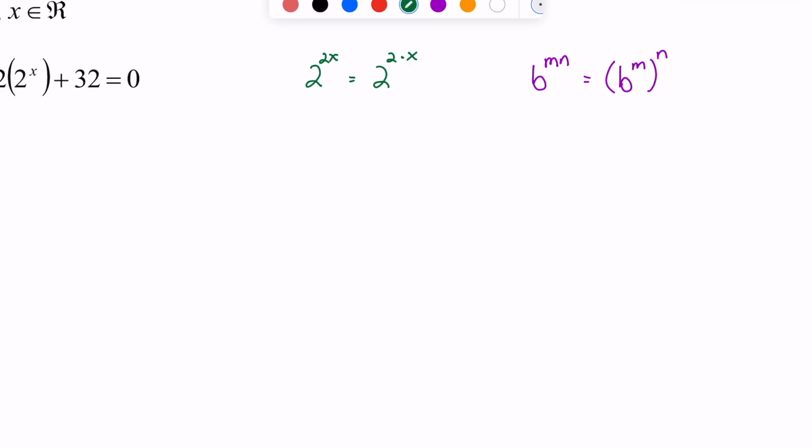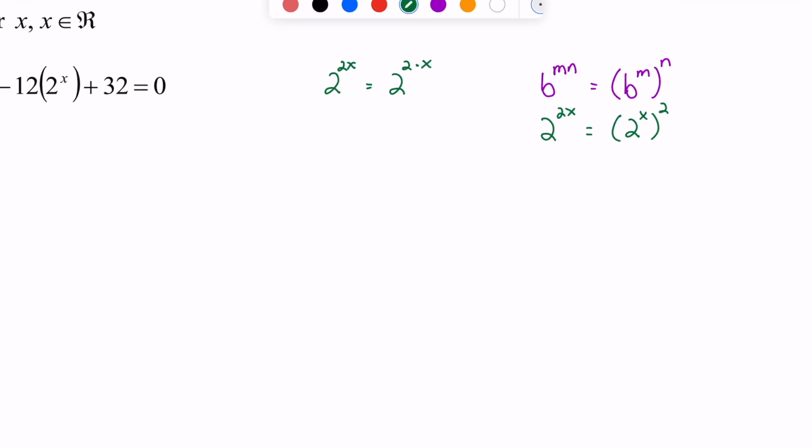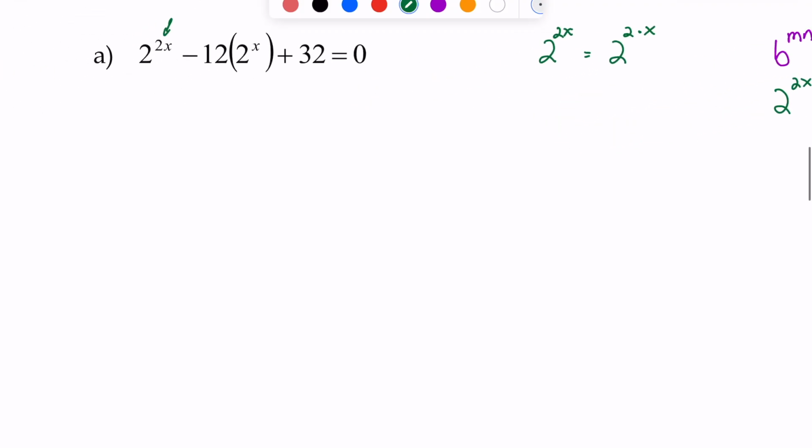So you are given 2 to the 2x. What you need to see is that's the same thing as me saying 2 to the x to the power of 2. That allows me to rewrite this as 2 to the x to the 2, because now I have this and this one being the same. That's step 1.